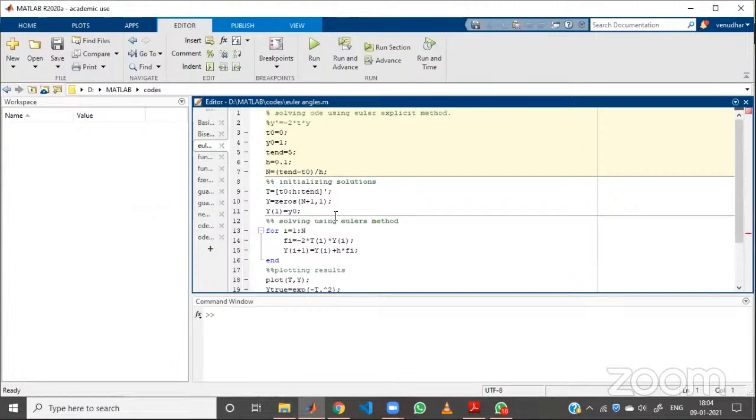This is the MATLAB code which you are seeing, solving the ODE using the Euler explicit method, y dash equals minus 2t y. The range will be t0 equals 0 and t end equals 5; from t0 to t end we are plotting the curve because we want to get the graph.